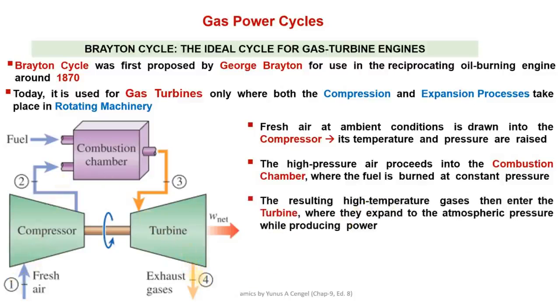Now after performing work, those gases leave the turbine and those are actually thrown out, and it is not recirculated because these are exhaust gases, and these gases are different from this fresh air, and it cannot be reused.